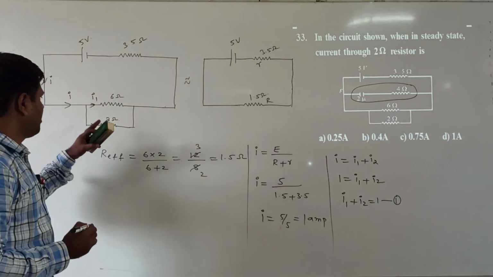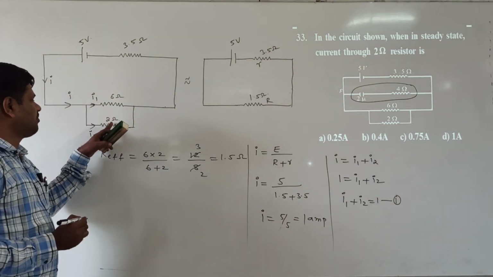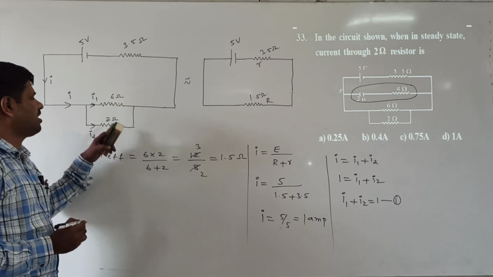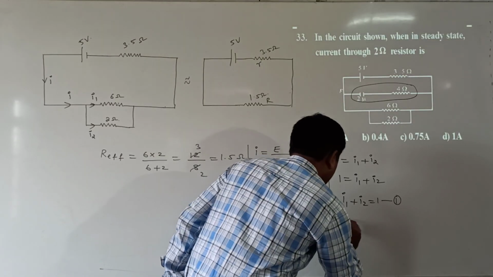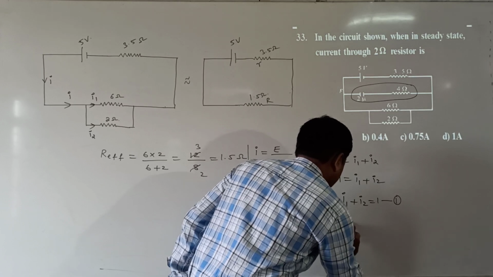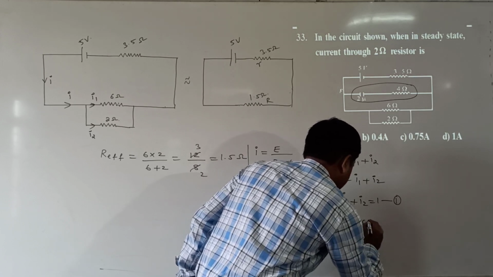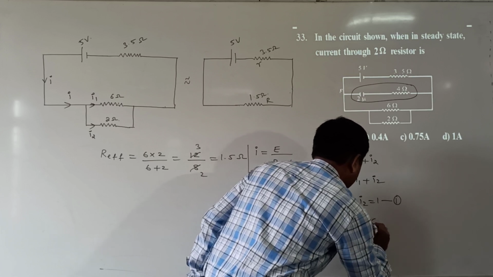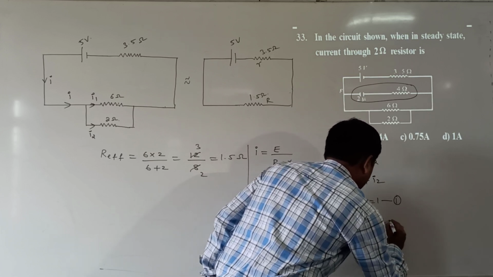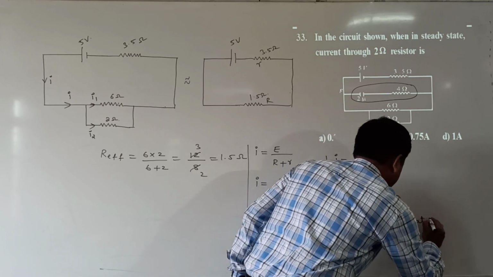Next, the potential drop across the 6 ohm and the potential drop across the 2 ohm are the same, because these two are in parallel combination. So the potential drop at 6 ohm is equal to the potential drop at 2 ohm.